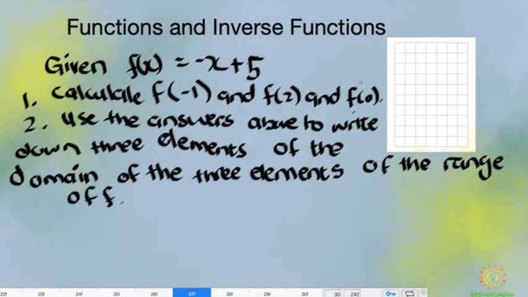What I previously discussed in the previous videos is that when we're talking about domains, we're talking about x values, and when we're talking about range, we're talking about y values. It's that simple, nothing complicated, but that's what they're talking about.